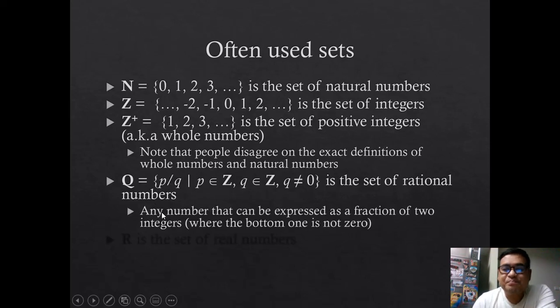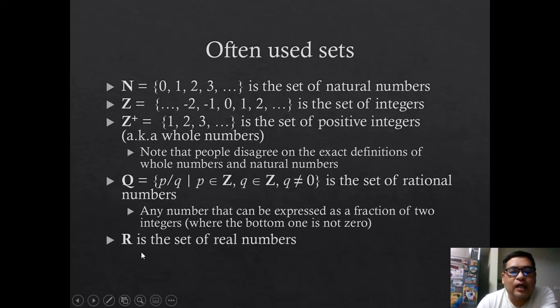So that's the limitation. Any number can be expressed as a fraction of two integers provided the bottom one, or the denominator, must not be 0. The numerator is accepted because 0 divided by any integer is 0. And of course, R is the set of real numbers.